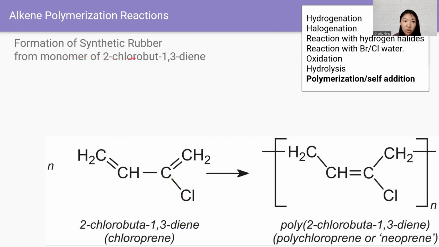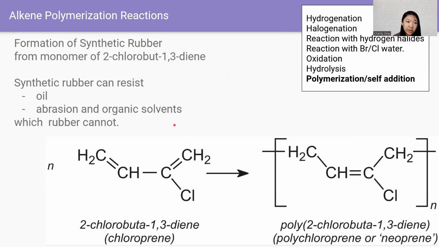It comes from a monomer of 2-chlorobute-1,3-diene. Synthetic rubber can resist oil, abrasion, and organic solvents, which natural rubber cannot. So it's useful in other ways. These are good things to know because they're really useful and you could genuinely use them in real life.